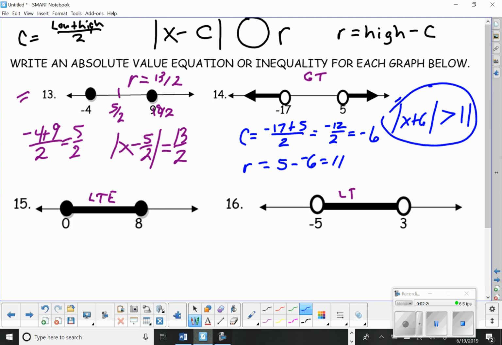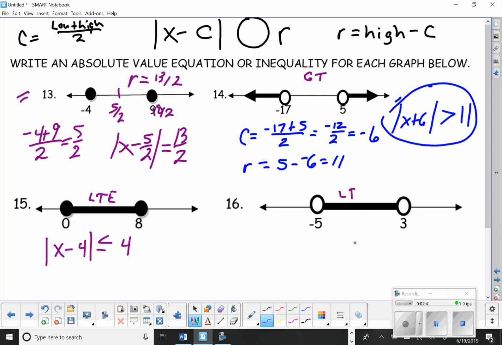Here's my answer. Over here, what's halfway between 0 and 8, you ask? Well, hopefully you don't actually have to put that together, and you know that that's going to be x minus 4. And the distance from 4 to 8 is 4. And then it's less than or equal to.